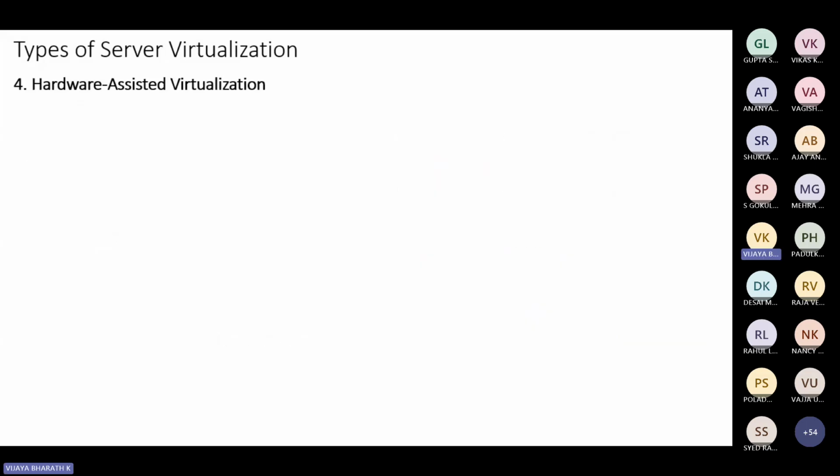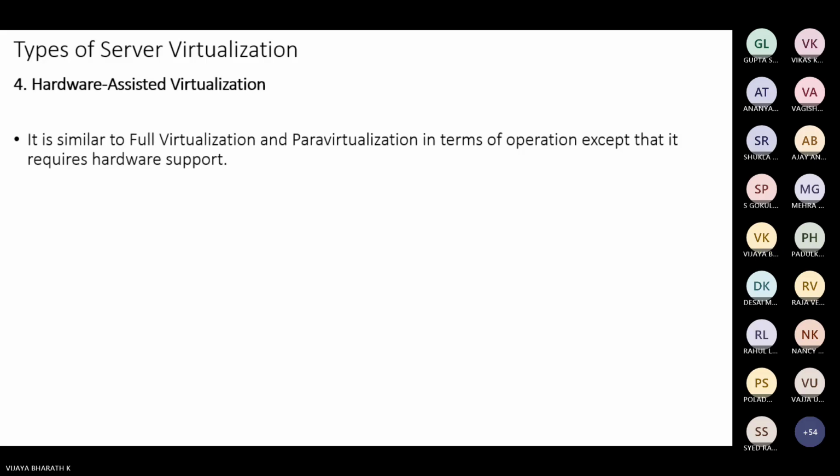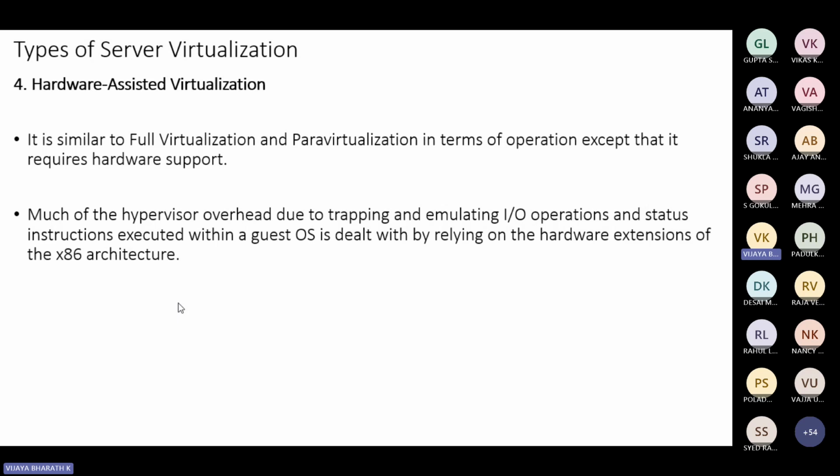Next is hardware assisted virtualization. It is similar to both full and para virtualization in terms of operation. The only thing we need to see is how it takes hardware support. Much of the hypervisor overhead is due to trapping and emulating I/O, when they need to access I/O devices, let's say input and output devices.